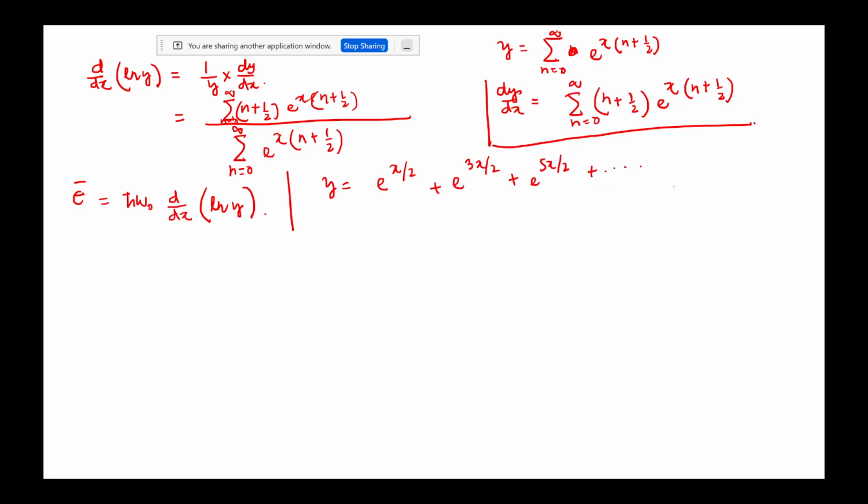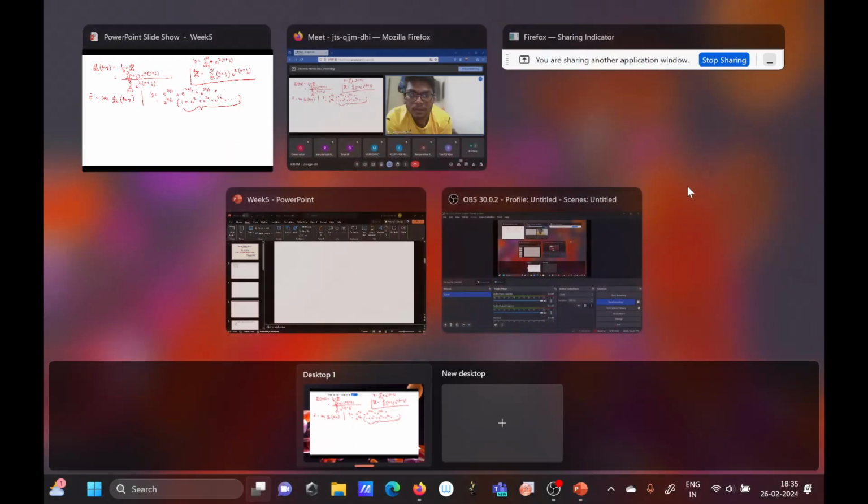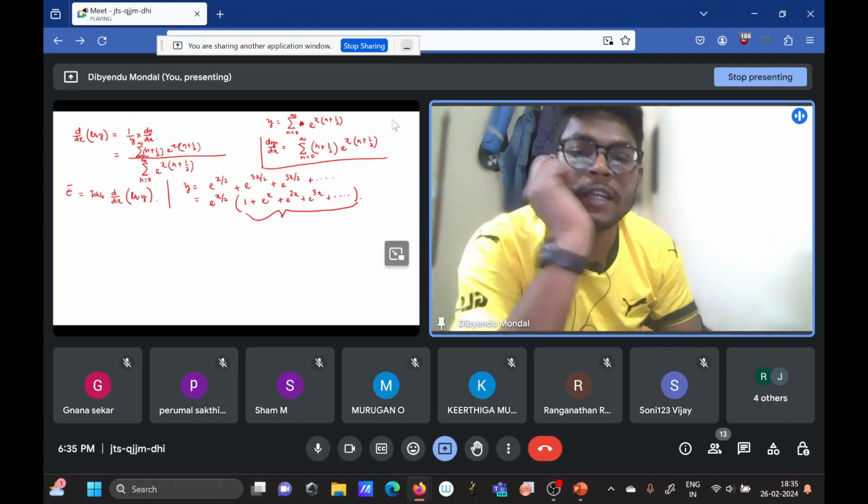It will continue because this is an infinite series. And if you take out e to the power x by 2 outside, then I can write 1 plus e to the power x plus e to the power 2x plus e to the power 3x and so on, right? So this is an infinite series, right?